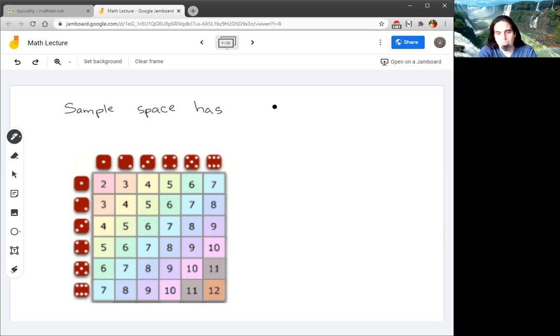There's rolling a 2, rolling a 3, rolling a 4, and so on up to rolling a 12. It's also true that this sample space has 36 different outcomes.